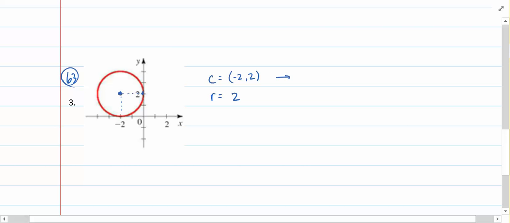What that then implies is that the equation could be represented with (x + 2)² + (y - 2)², and that result is equal to the radius squared, or 4 in this case. 2 squared is 4. Written in expanded form, we'll have x² + 4x + 4 + y² - 4y + 4 = 4.